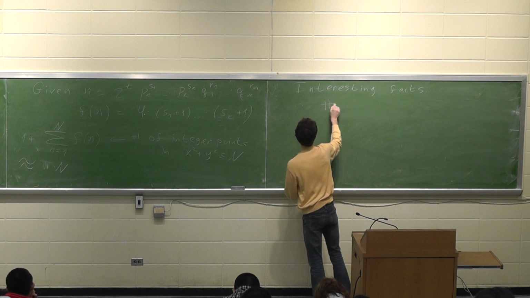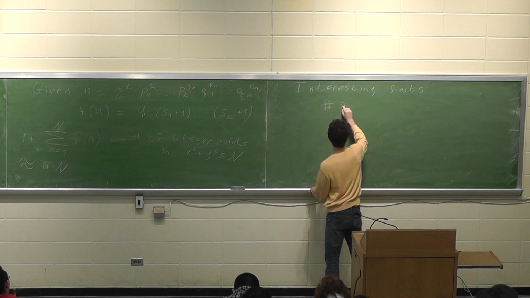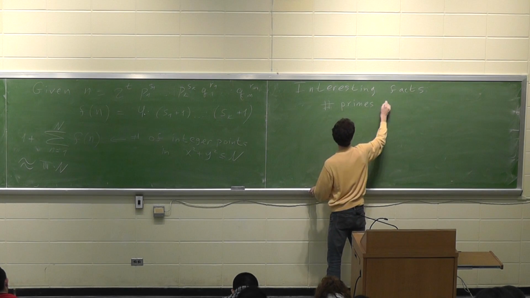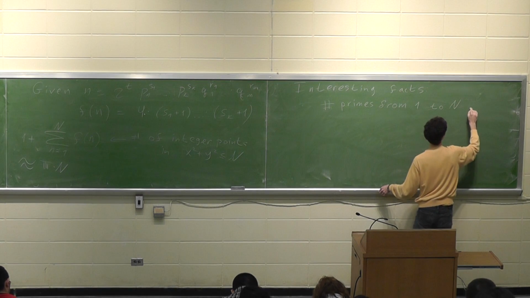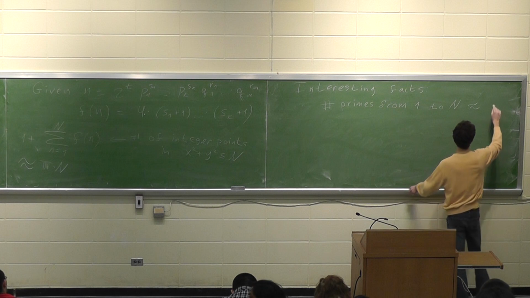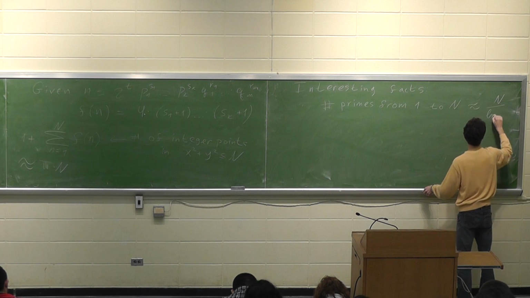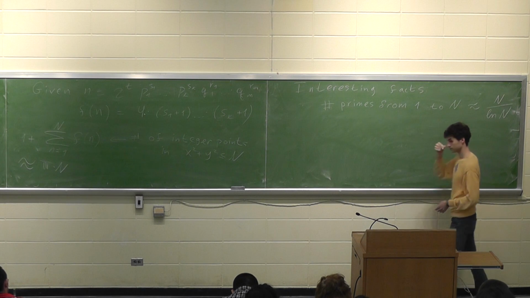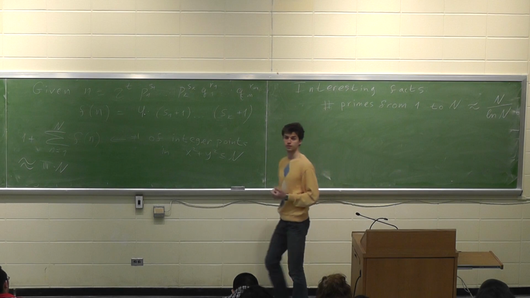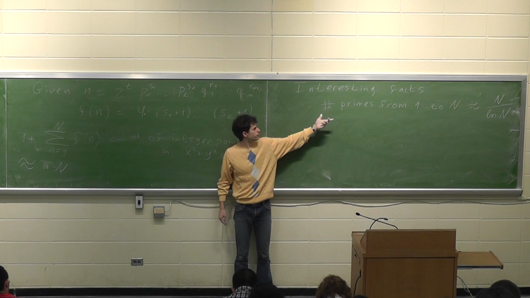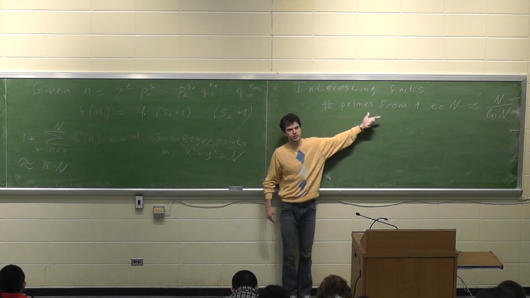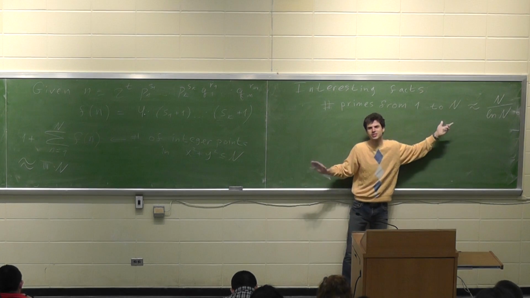For example, the number of primes from 1 to N is approximately equal to N over log N. So you can actually find how many primes there are from 1 to N. Well, not exactly.